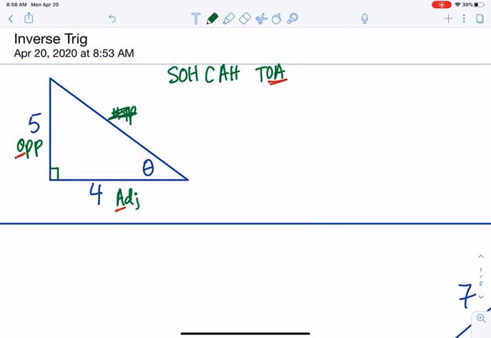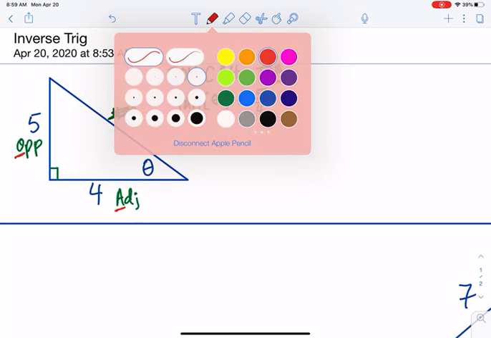So our problem is tangent, and then here in the parentheses, this is where the angle goes. I don't know the angle, so I'm just going to put theta equals opposite over adjacent. So 5 is opposite and 4 is adjacent. This time I know the whole fraction. I'm looking for the angle.